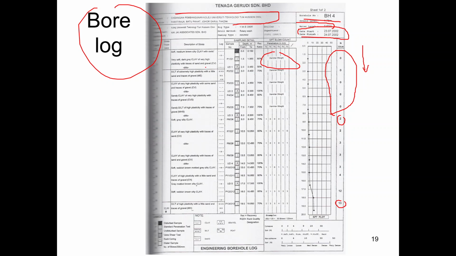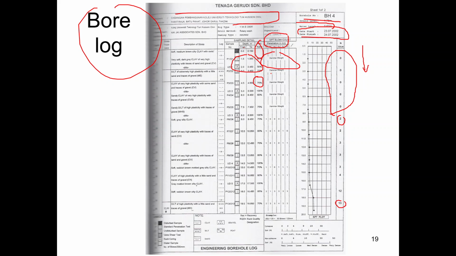They put the depth here, and then the recovery. Recovery means the percentage of the sample they get from 450 mm, so 70% of 450 mm. So this is how they get the samples, and then the number of blows they count.